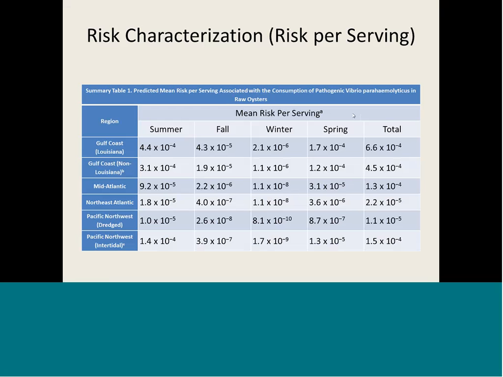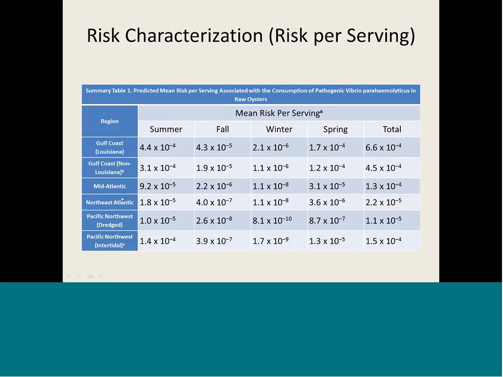And the serving is actually that eating occasion. So let's just look at the total column over here, and we'll see that out of 10,000 people who eat Gulf Coast oysters, about 7 of them would get sick, okay?